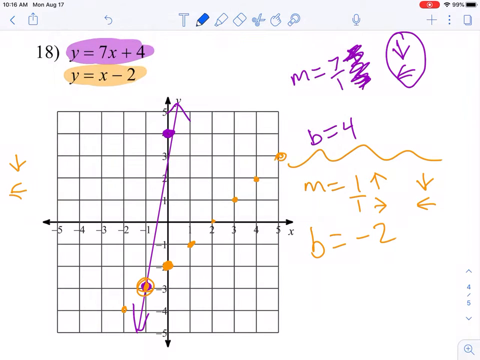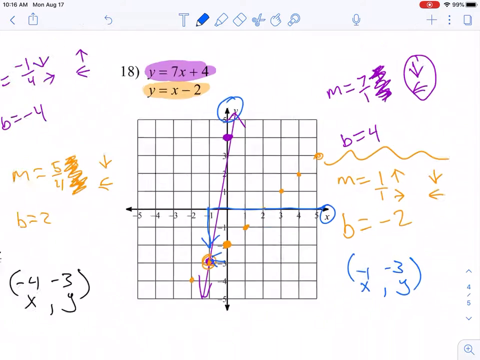I'll do that in blue. My x value, comma, my y value. So for my x value, which is on my x-axis, is -1. And my y value, which is on my y-axis, is -3, right? And those are the coordinates.